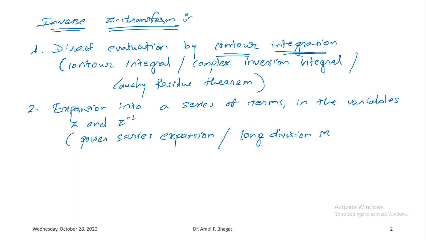So the first one is direct evaluation by contour integral, and the second one is expansion into a series of terms, also referred to as power series expansion or long division method.